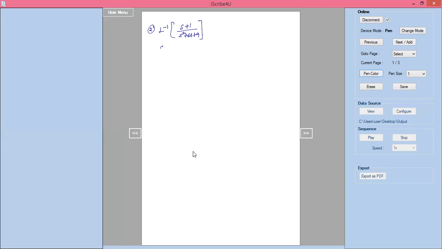Solution: L inverse of s plus 1 divided by s square plus 6s plus 9.